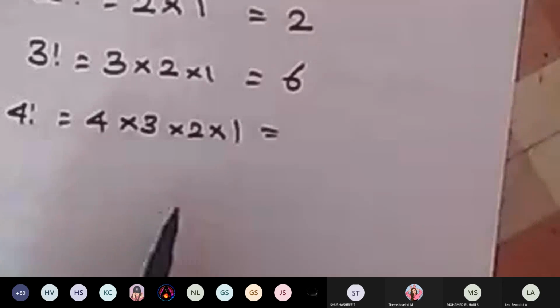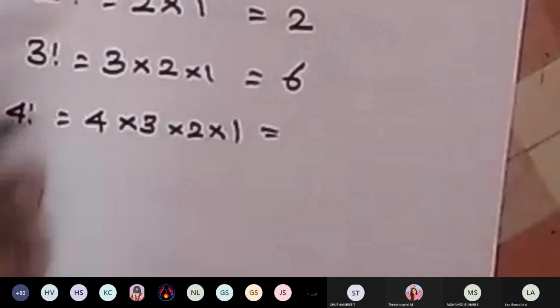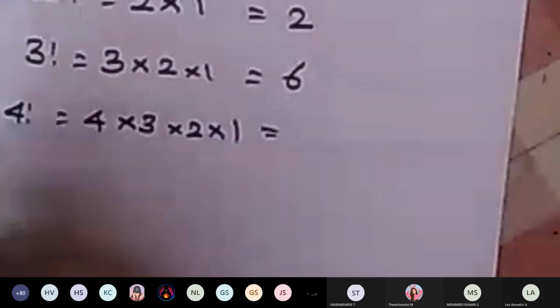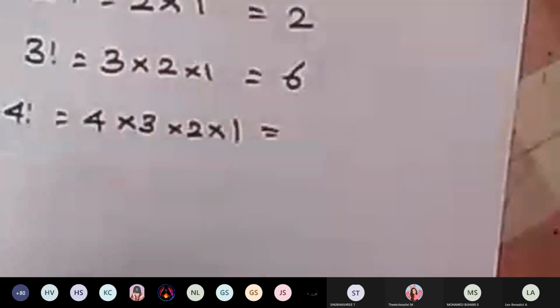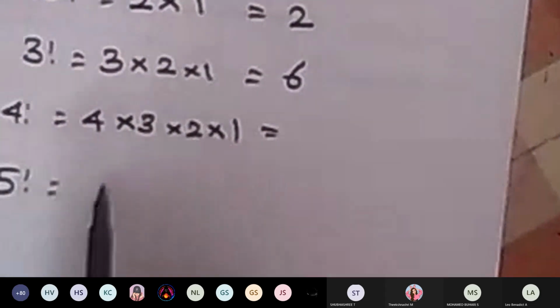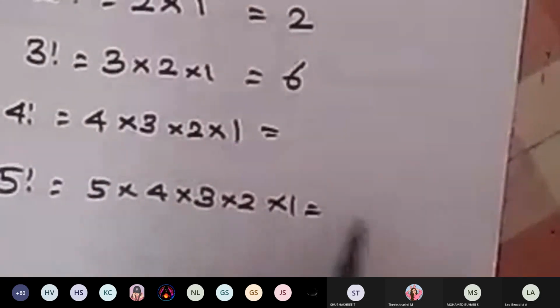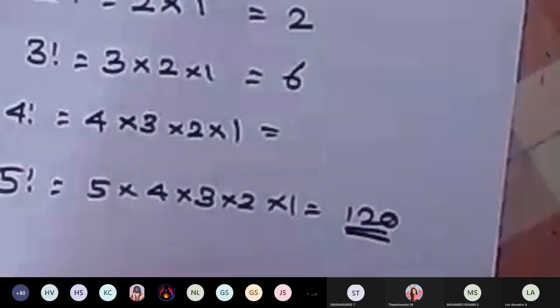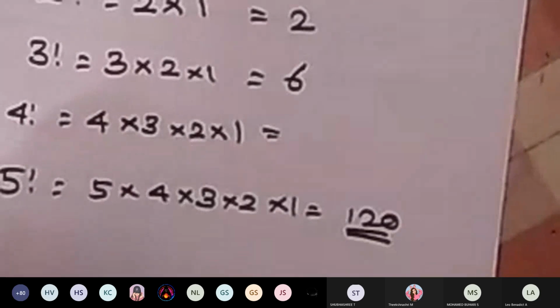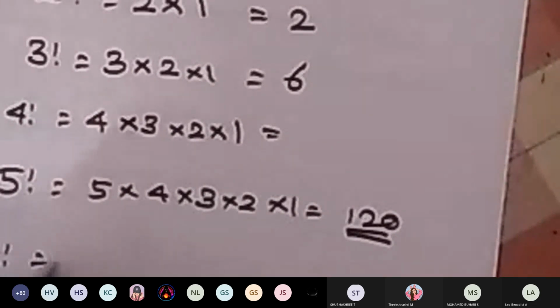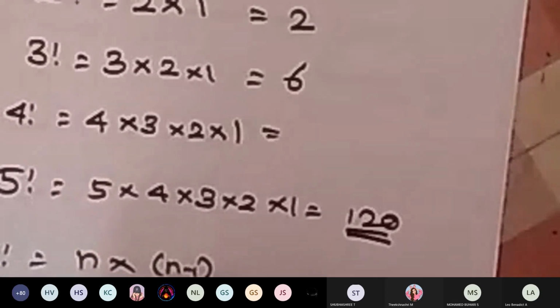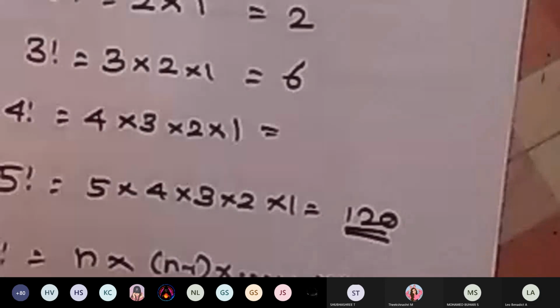Whatever number the factorial is given for, you start with that number and multiply till 1. 5 factorial means 5 into 4 into 3 into 2 into 1. Value is 120. So simply, n factorial is n into the previous number, n minus 1, and so on to 1. This factorial concept we'll be using in the second exercise.